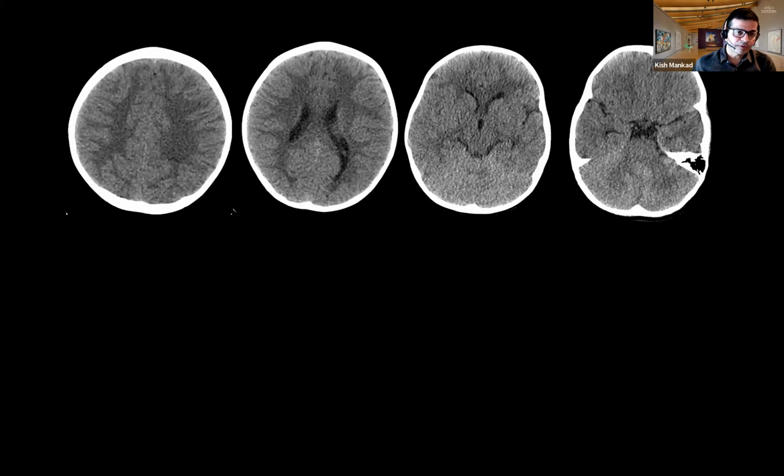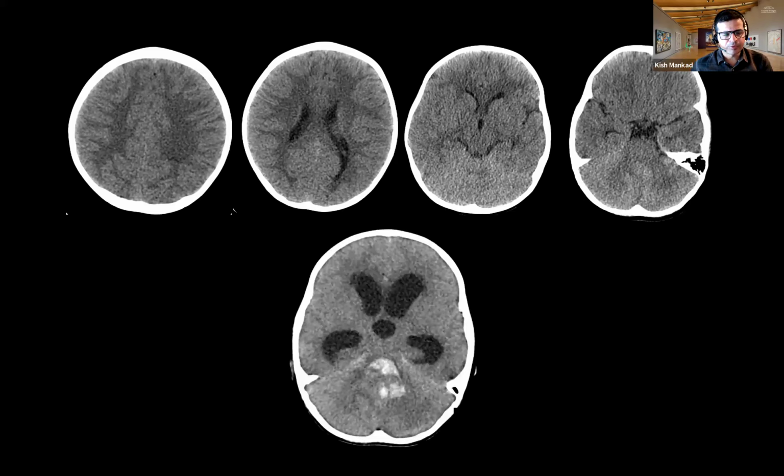Then they were sent back to another hospital, more headaches, scan reviewed again. It's very hard to see what is not visible. And here, the fourth ventricle is not visible. The sad reality is by the time they came to our hospital a few weeks later, they had already bled in that tumor within the fourth ventricle.